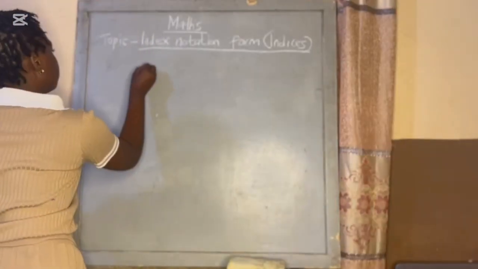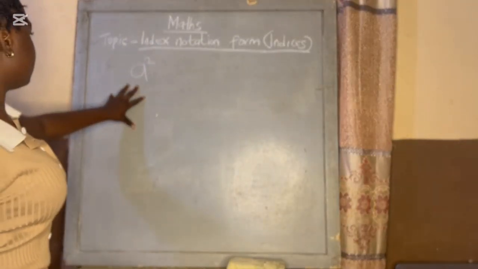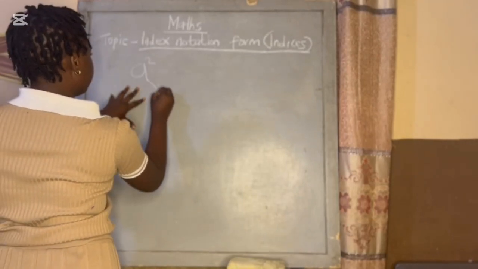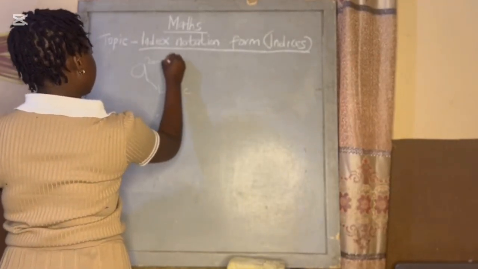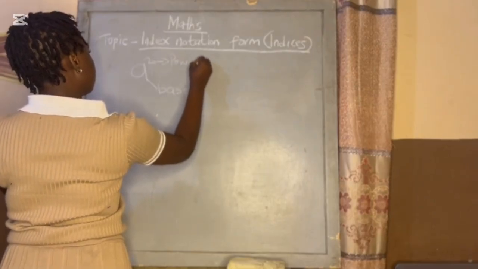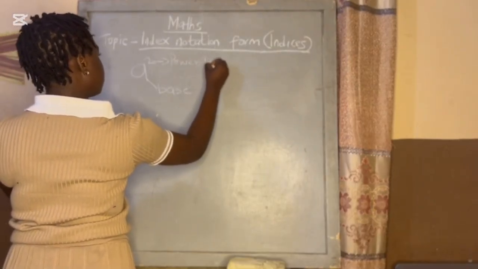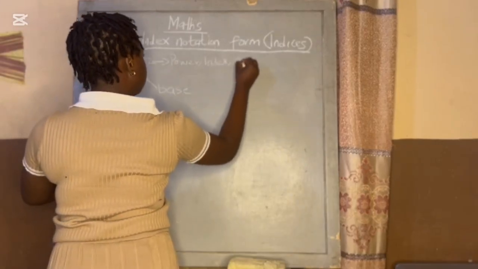This is an index. This is called a base. This can be called the power, index, or exponent.